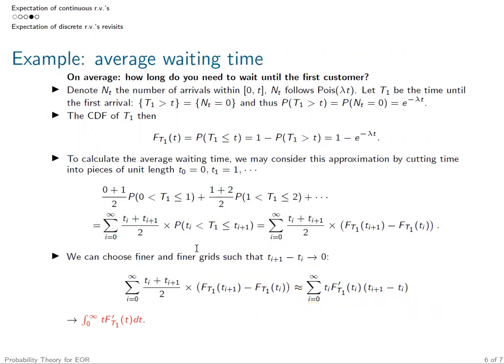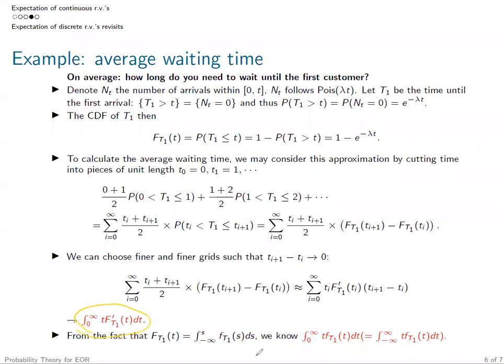And given the connection between the CDF function and the density function, we can rewrite this Riemann integral in this format. Normally we choose the density function equal to the derivative of the CDF function, so it can be rewritten in this way.